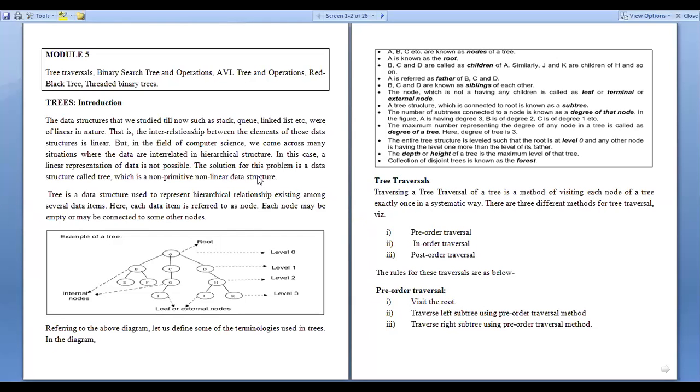For example, train data: a new train may be introduced only every year, or after a long gap, correct? But searching train details is frequent, so to maintain that kind of details they can use AVL trees, where insertion is not frequent and searching is frequent.